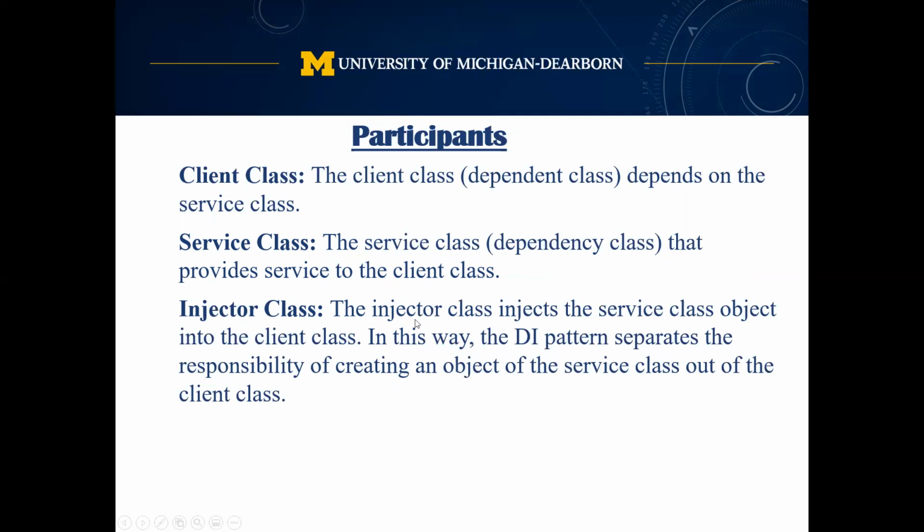The injector class injects the service, the dependency, into the client class, which is the dependent. In this way, the dependency injection pattern separates the responsibility of creating an object of the service class out of the client class. We'll be able to see that in the code demo next.